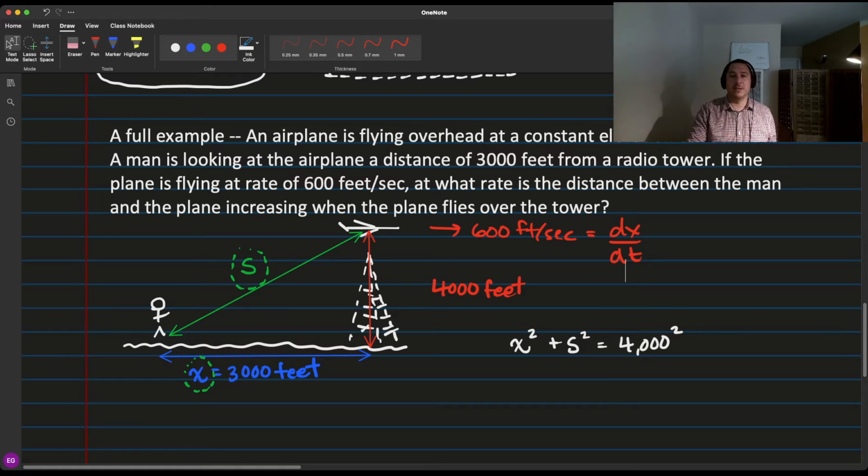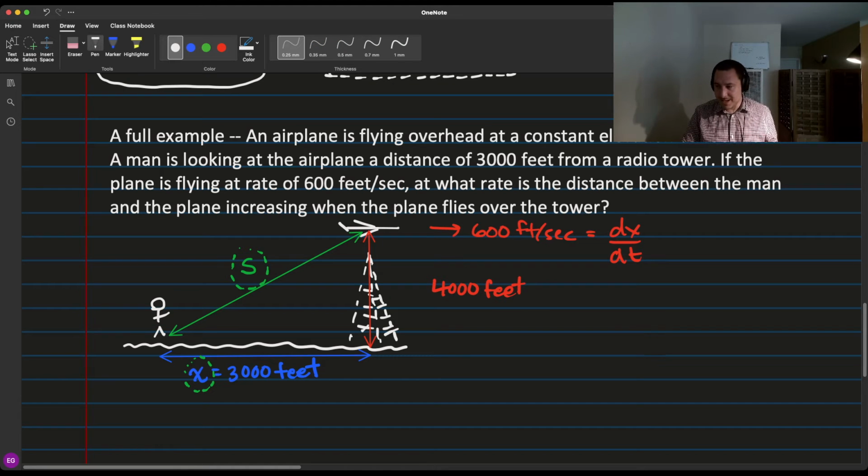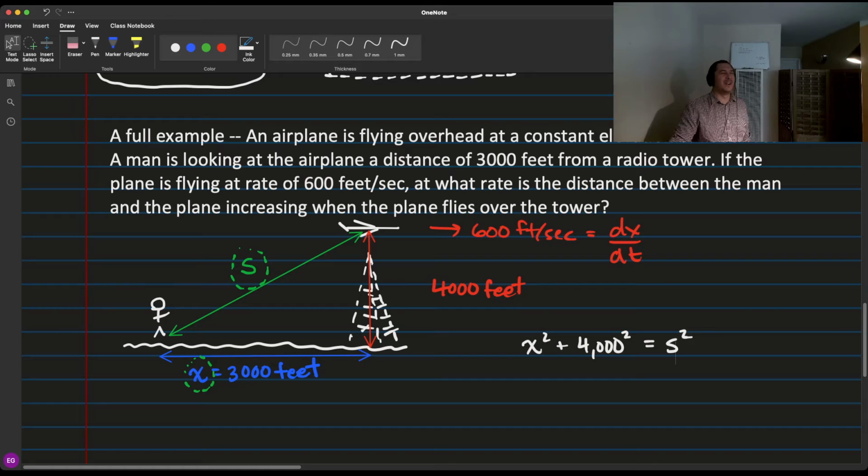I messed up the Pythagorean theorem. Thank you to the person in the chat who noticed that. It's x squared plus 4,000 squared equals s squared. My bad. Yeah, it equals the hypotenuse squared.